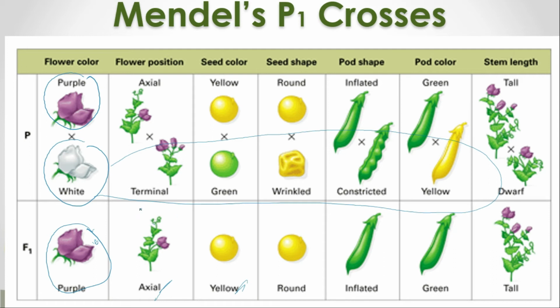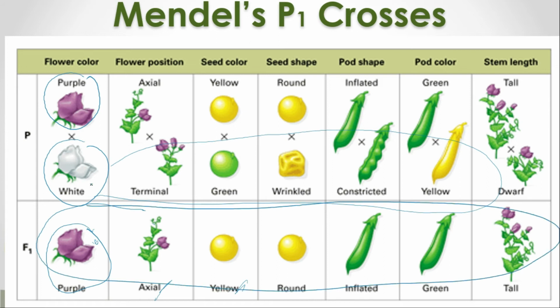So, itong mga traits na to, i-consider yan ni Gregor Mendel na dominant trait. Dominant eh, kasi yun yung character ng parent na lumabas on the next generation. That's why it is dominant.